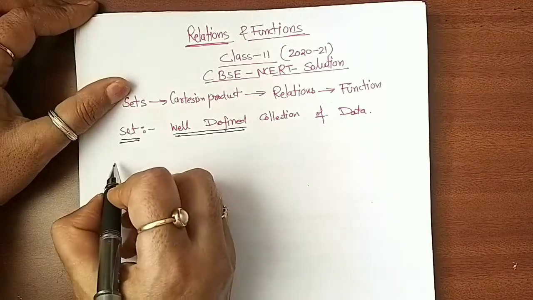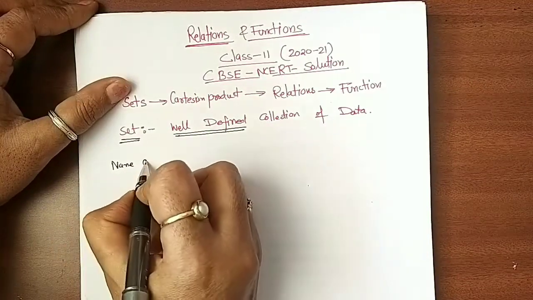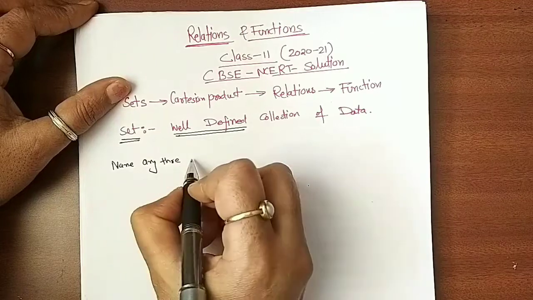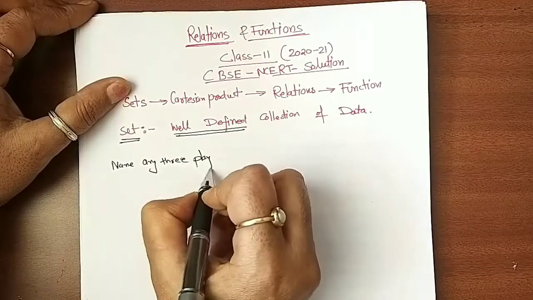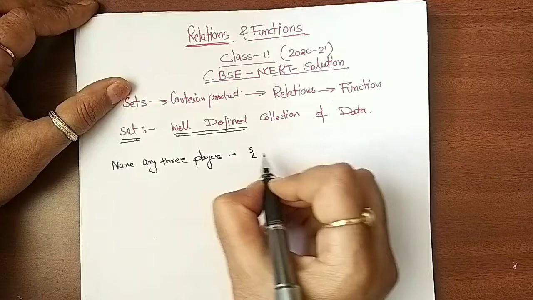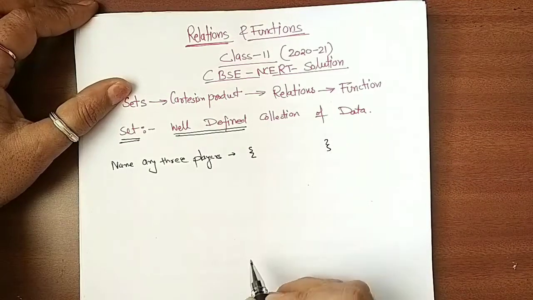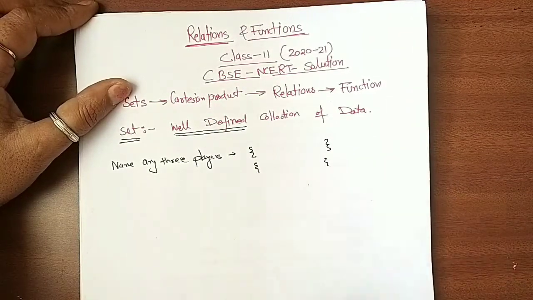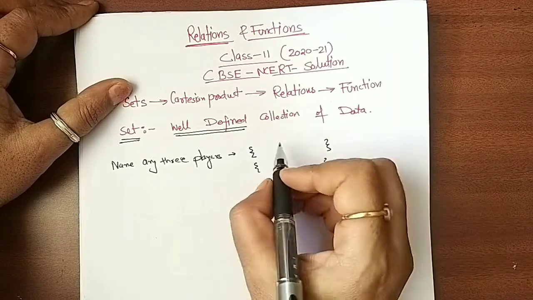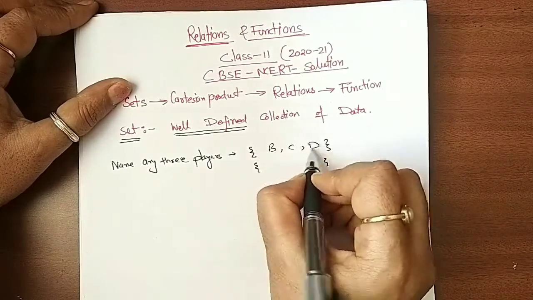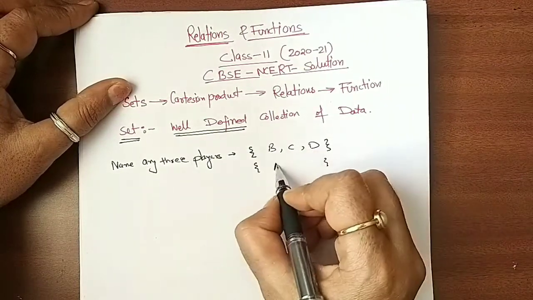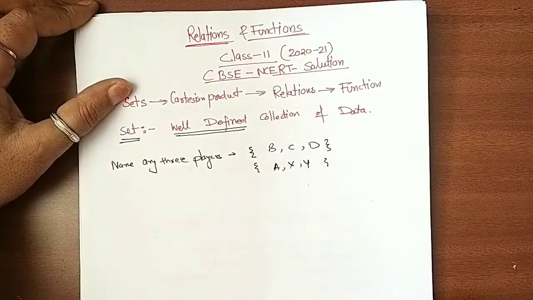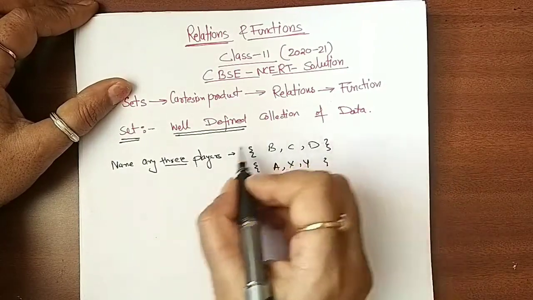Means if I say name any three players, I will name some other players, your friend will name some other players. Maybe I named B, C, and D, you will name some A, X, Y, Z players. So this is not well defined.